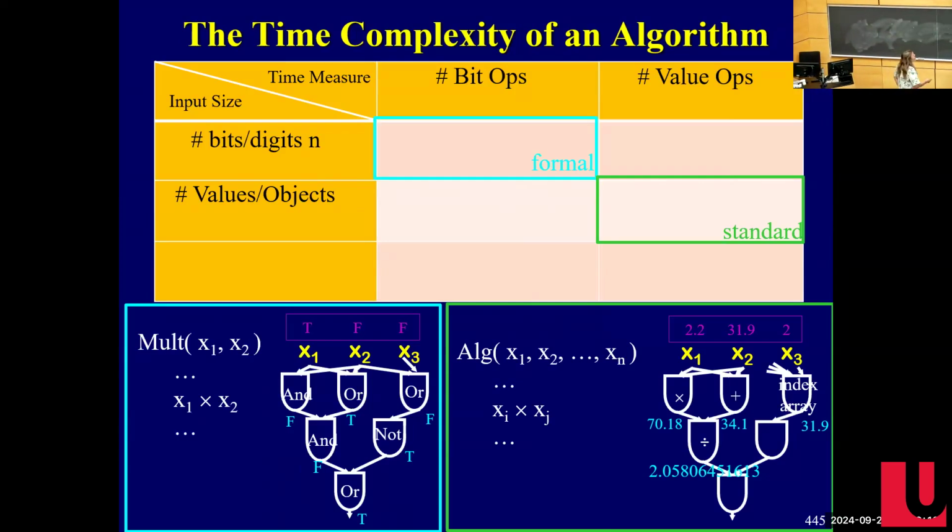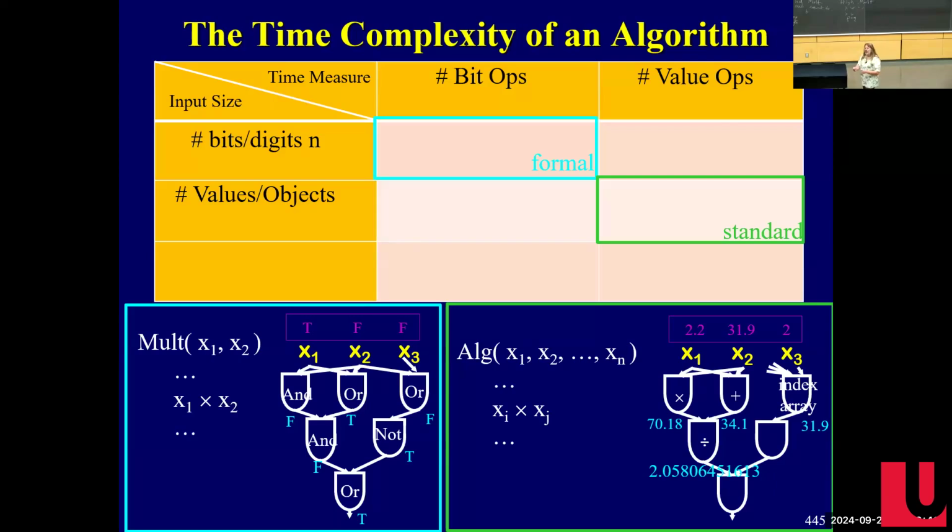Well, if when computing this guy over here, you didn't use the standard, you switched over to the formal, probably it would just be some extra log factors in there, right? Because if I have n numbers, each of size n, then the number of bits is n log n, right?